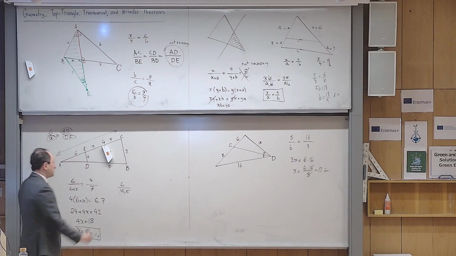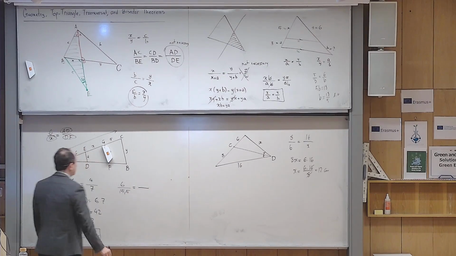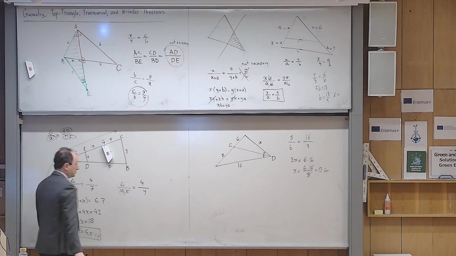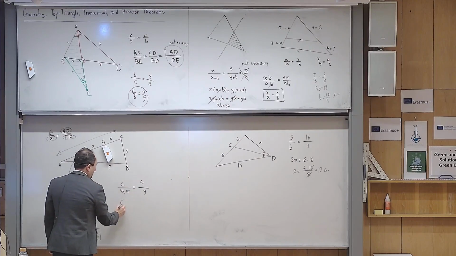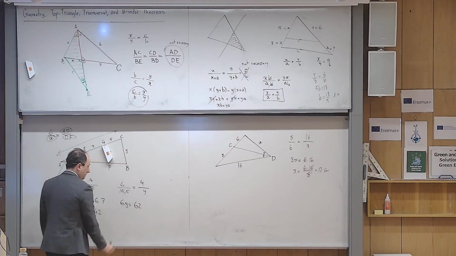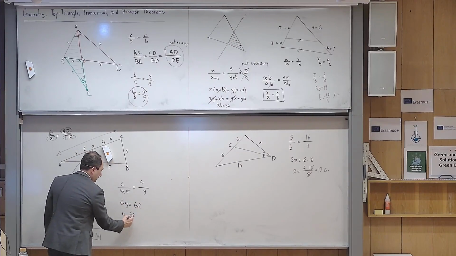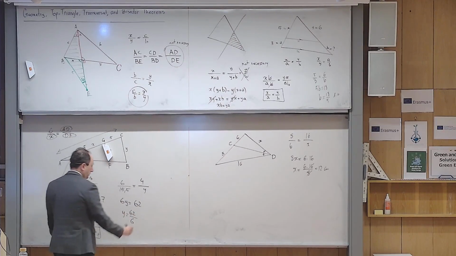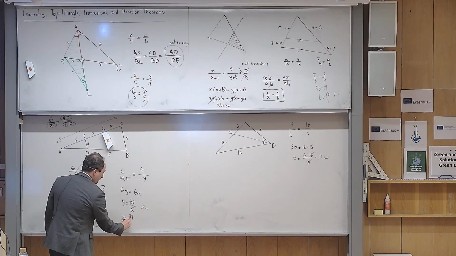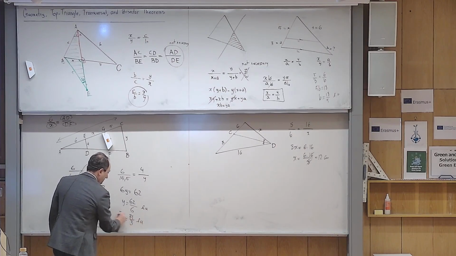And then it becomes equal to what? 4 over y. And then 6 times y is equal to 4 times that, which is 62. So y becomes 62 divided by 6 length units. Of course, I can simplify this. It becomes 31 over 3 length units. That's it.